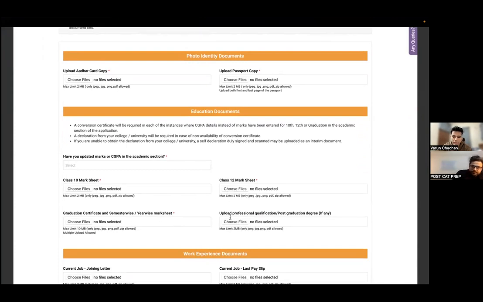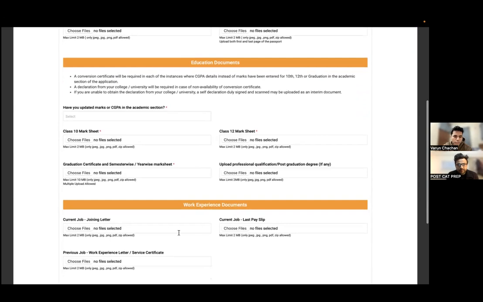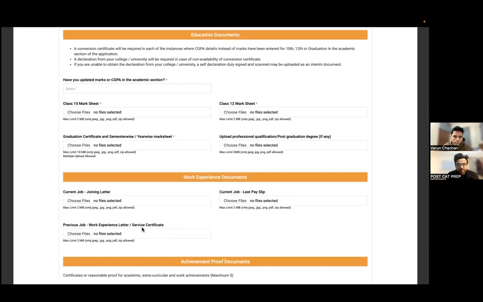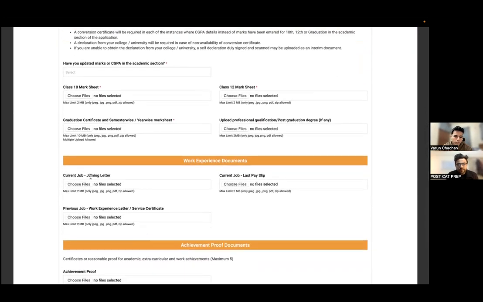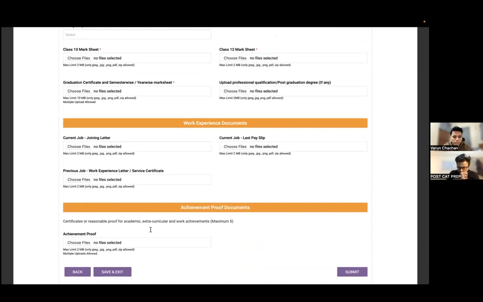And if there are people who have pursued any other qualification post graduation, they are required to upload the relevant documents for that. Also, people having work experience, they are required to come up with their joining letter, their pay slip, and work experience certificate. If you are mentioning any achievements, then you have to provide relevant proof for that as well.